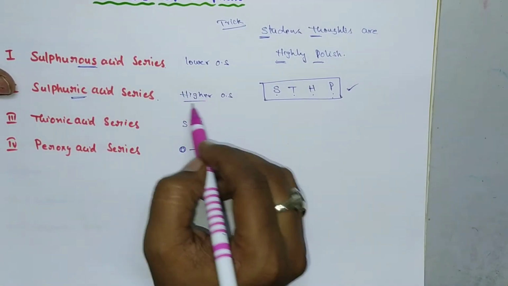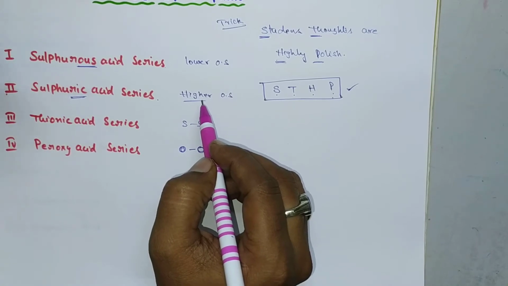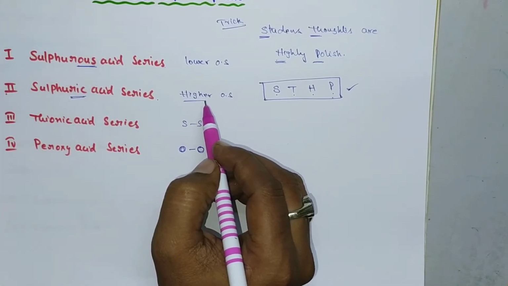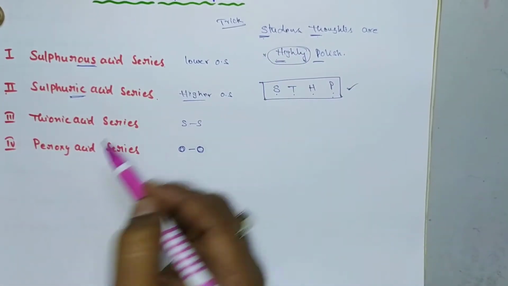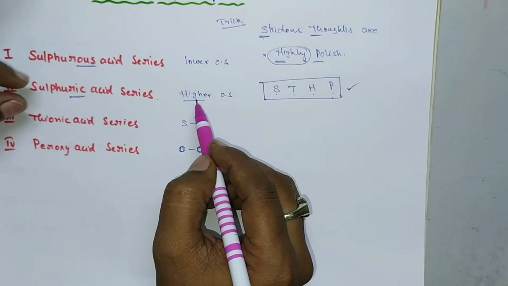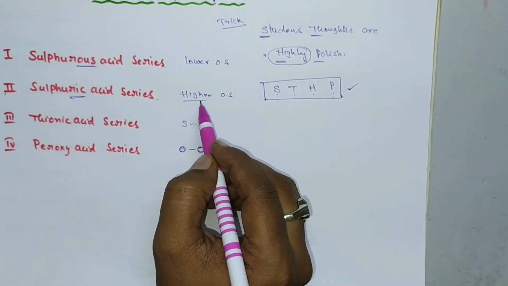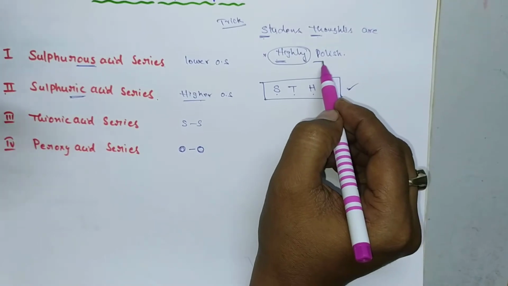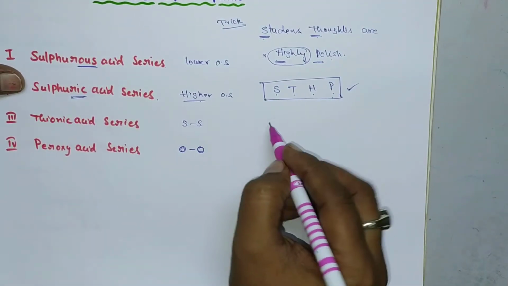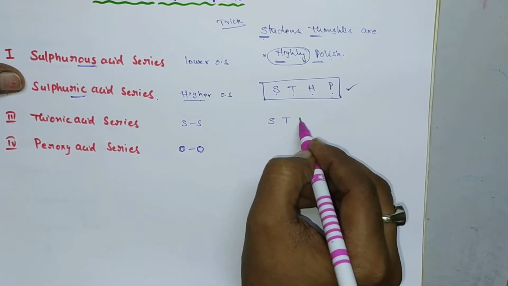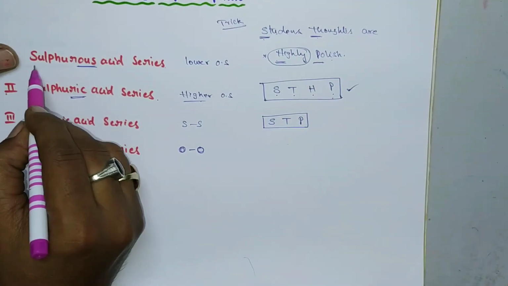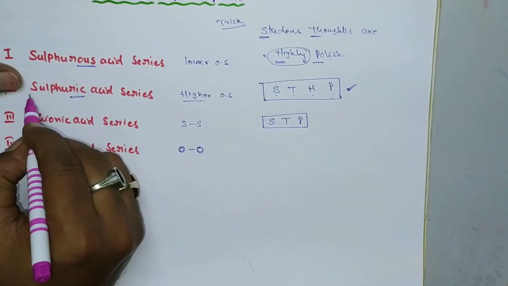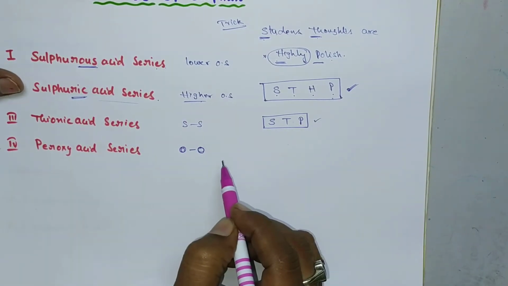If the student has a high ego, that is a higher oxidation state, then the student thoughts are just simply polished, but not highly polished. So in the sulfuric acid series, remember: student thoughts are polished only. You can remember these three, but not highly polished. So the sulfurous acid series has four molecules, and the sulfuric acid series has three oxo acids.